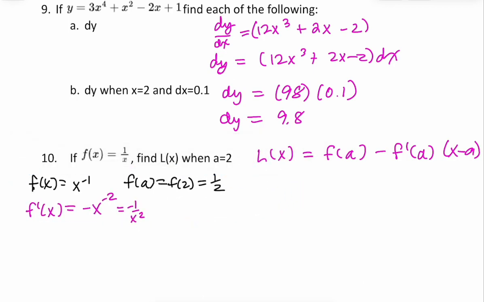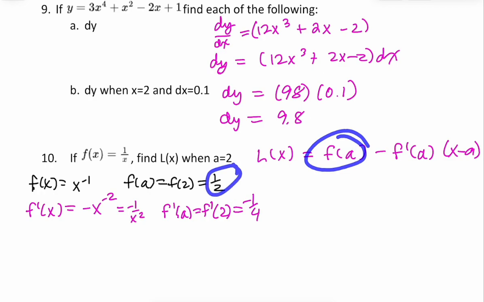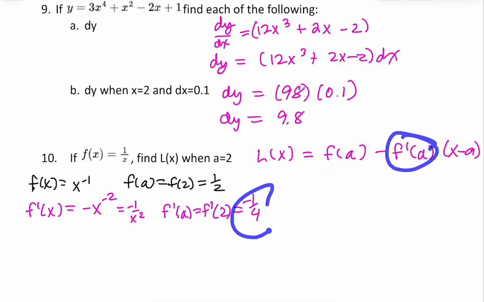Next thing I find is what is f prime at a, or f prime of 2, and that's negative 1/4. Because they go into our formulas. Here's my f of a. Here's my f prime of a. So I do the derivative, then I stick a into the original, that's f of a. I stick a into my derivative, that's f prime of a.